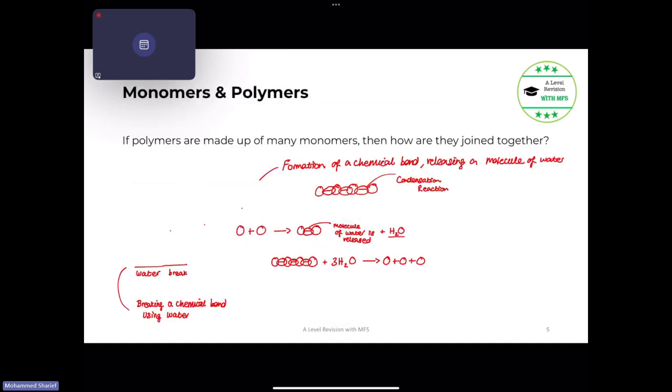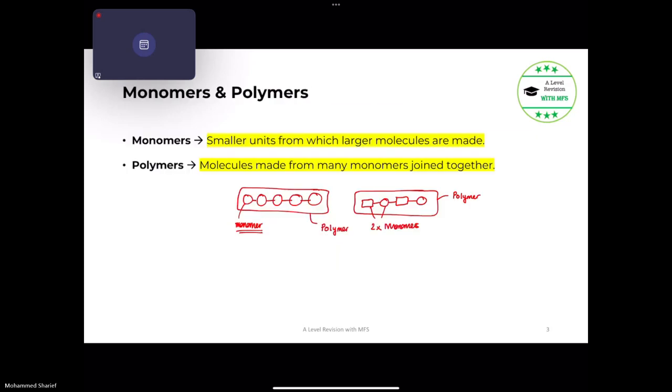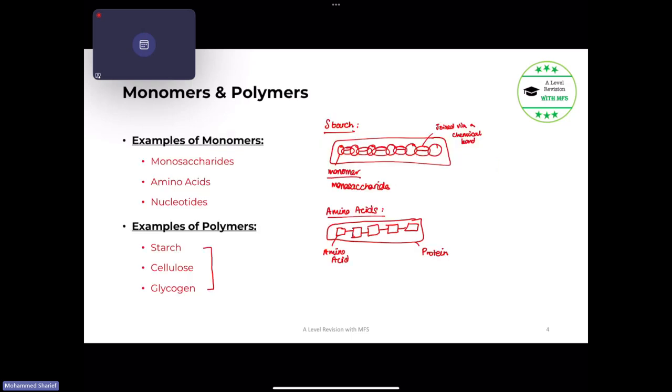So if I just go back and go over everything that we have looked at today, monomers and polymers, key definitions that you need to understand. Monomers, these are the small repeating units from which larger molecules are made, and the polymers are referring to the whole structure which are made from monomers, joined together via condensation reaction, forming a chemical bond in the process.